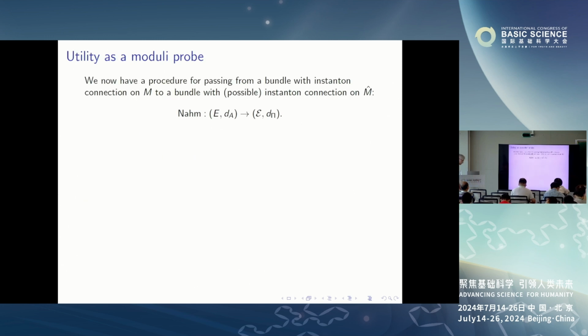Okay, so remember we introduced the Nahm transform as a probe of the structure of the moduli space. So if it's a probe, this Nahm transform better have some nice properties. And in particular, what we'd like to do is somehow use the structure of the moduli space of instantons on the image to understand the instanton moduli space we started with.